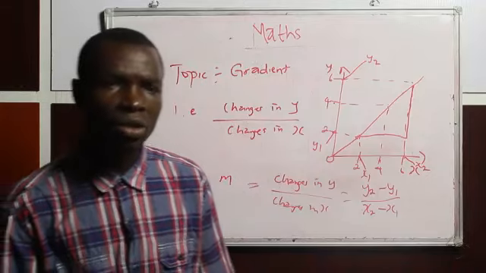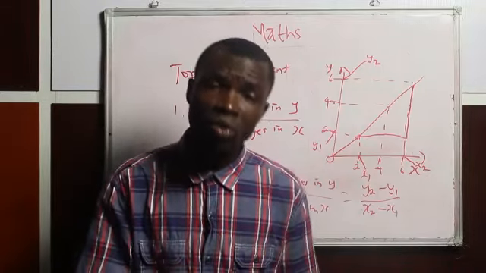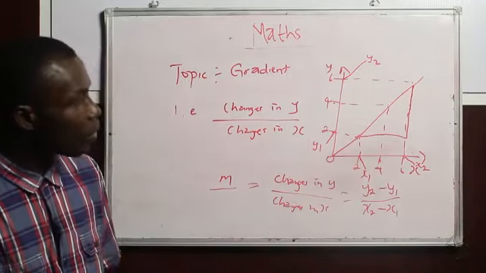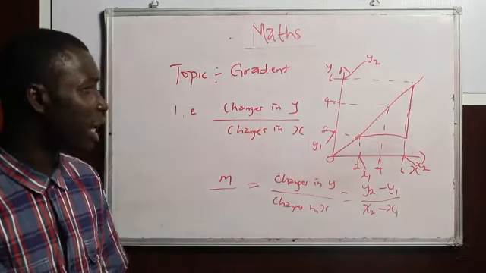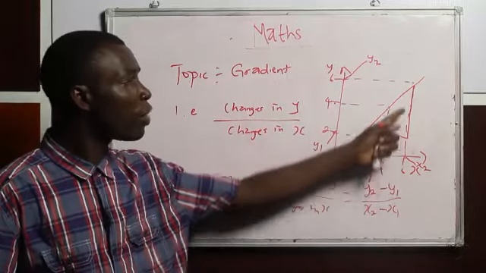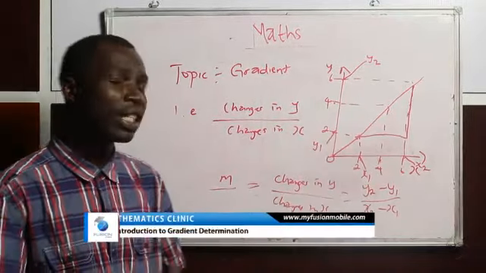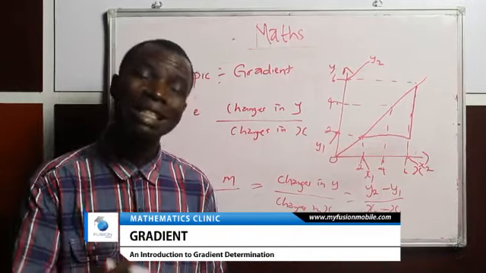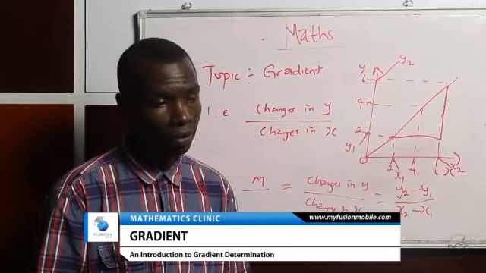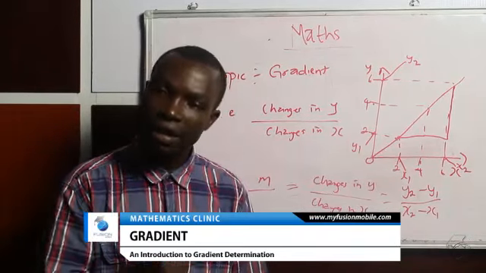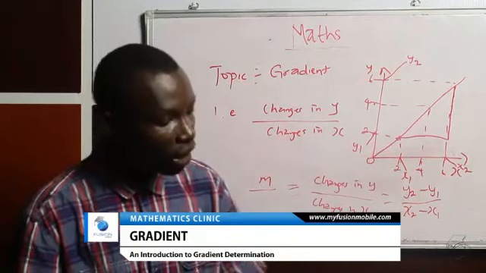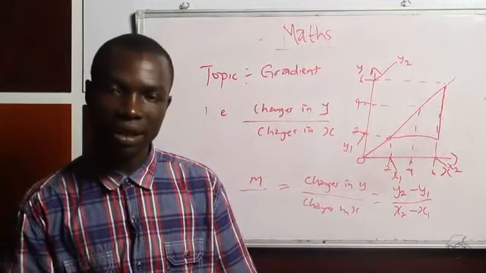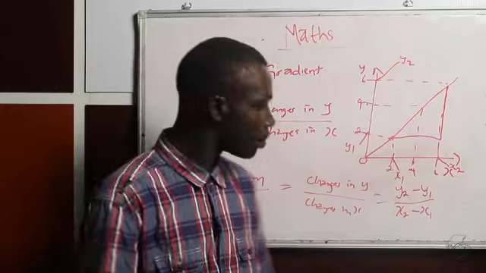And gradient of a straight line graph is denoted with the symbol m, because if we are performing an experiment that involves y and x, there will be a value that will show the slope of the graph. So the slope of the graph is also called the gradient of the graph. I will give you an example that shows a coordinate or a distance between 2 points.